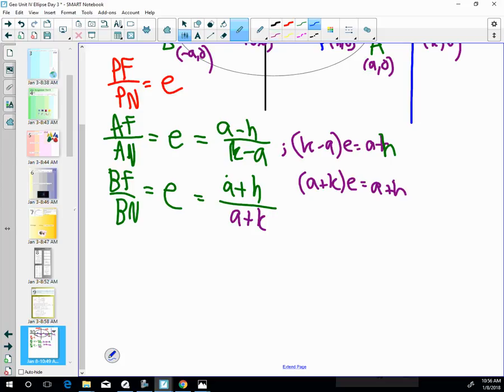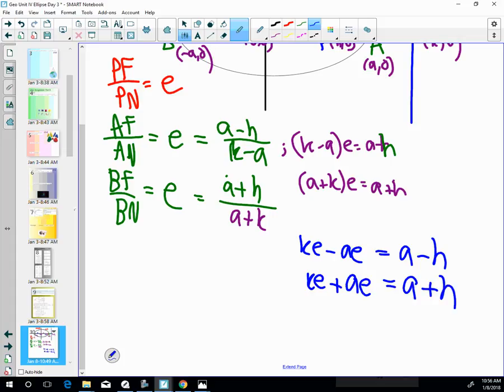Multiplying those out, I get KE minus AE equals A minus H, and KE plus AE equals A plus H.